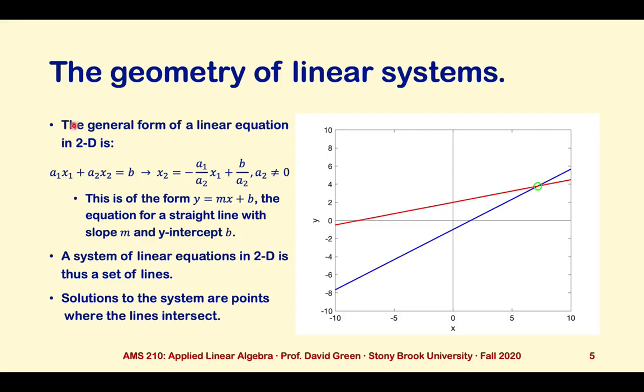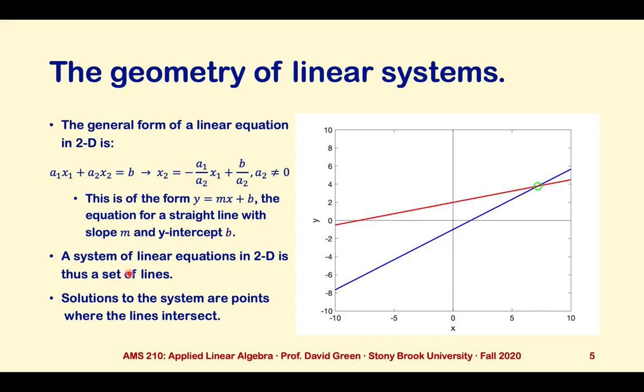And to recall, the general form of a linear equation in 2 dimensions is that of a line. We can rearrange the standard form for a linear equation in 2D into a form that matches y equals mx plus b for a line with slope m and intercept b.